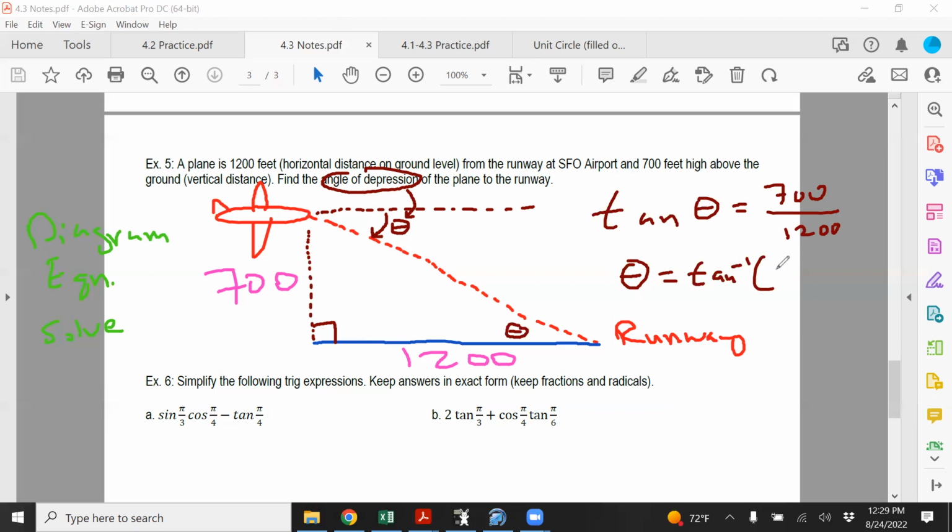Okay, so there we go. Theta equals the inverse tangent of that. And what's that going to be?